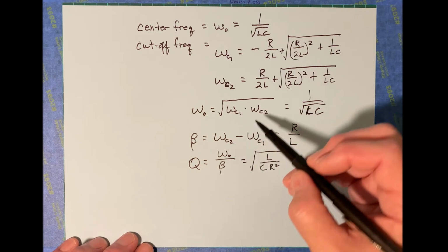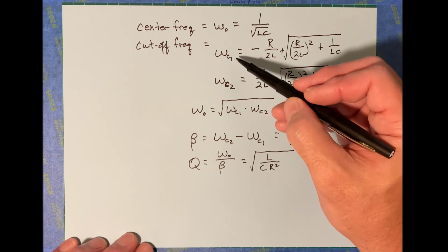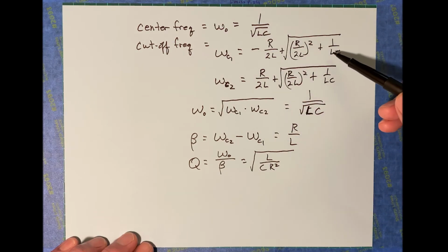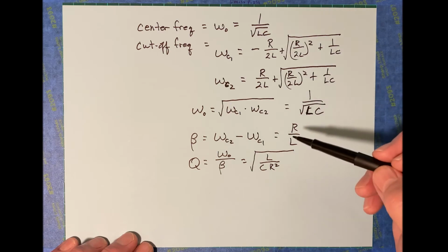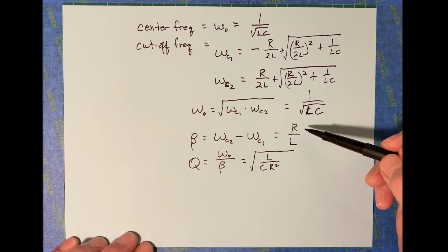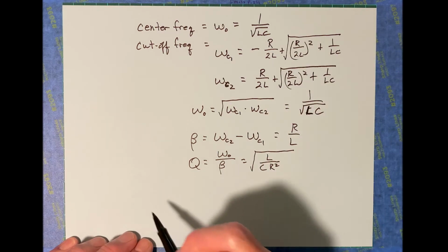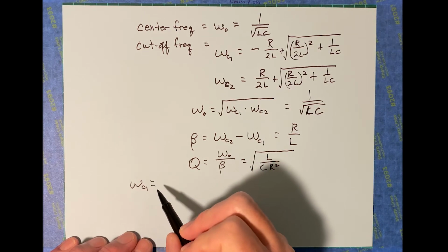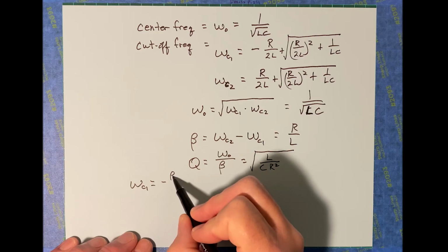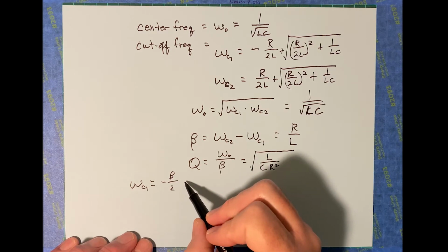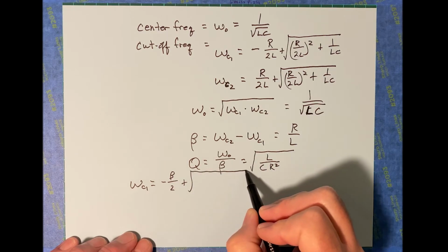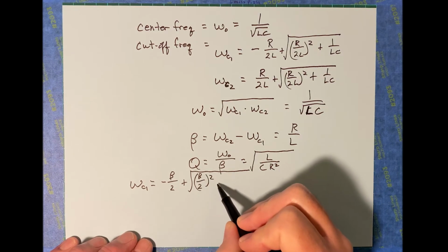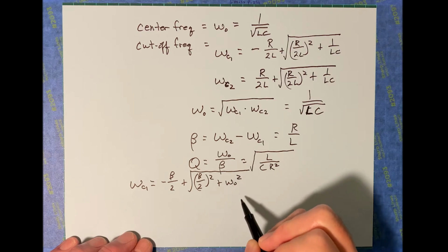Now those center frequencies, those cutoff frequencies, they can be written in terms of the R's and L's, but they could also be written in terms of the bandwidth and the center frequencies. So we could write omega C1, this is just an alternative form, that's minus beta over 2 plus the square root of beta over 2 squared plus omega naught squared.